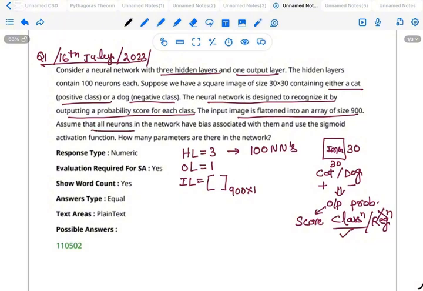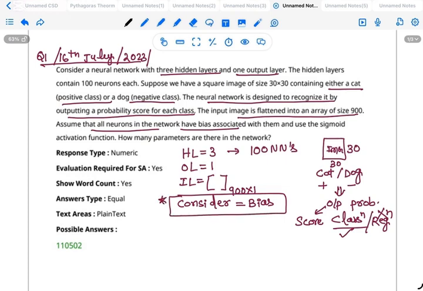Assume that all the neurons in the network have a bias associated. So consider the bias, this is important. And use the sigmoid activation function.